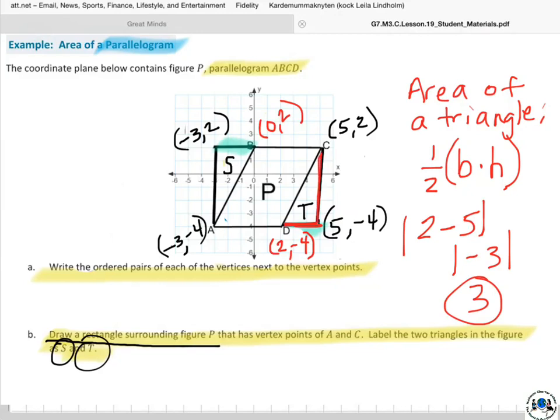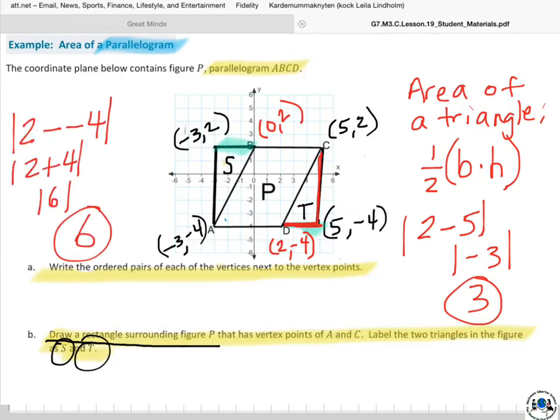Now we're going to look at that height measure. I'm sorry, we're using the y values; we used x values for the other one. The y values are 2 and negative 4. So 2 minus negative 4 is actually 2 plus 4.